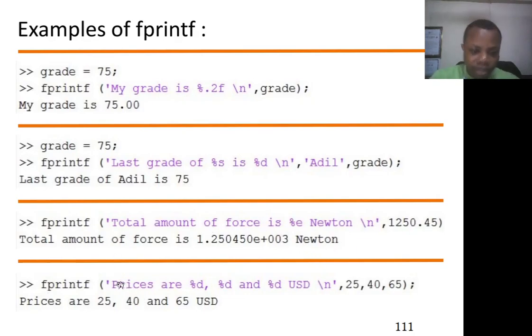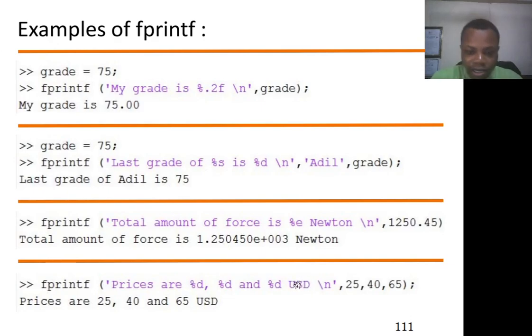Then with the last one, we have what prices are. We are going to convert the first one to an integer, the second one to an integer, and the third one to an integer. So this one is going to act on the 25, the second on the 40, and the third on the 65.